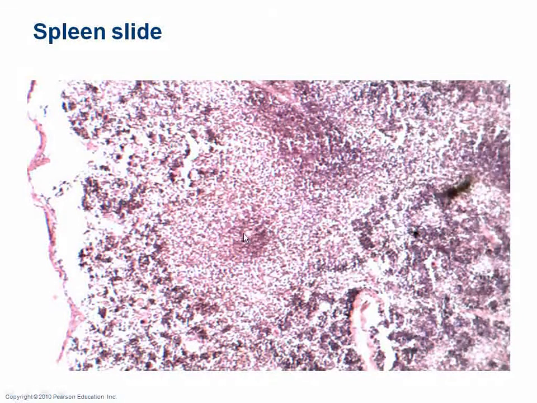And right here, hard to focus on, but that hole right there is the lumen of a blood vessel called a central artery. If it's really small, we could call it a central arteriole. That's a blood vessel. So when we see this, we would say, here's red pulp, here's white pulp, and here's a central artery. What is this out here? That is a capsule. If it penetrated inward, we would say trabeculi. Good.